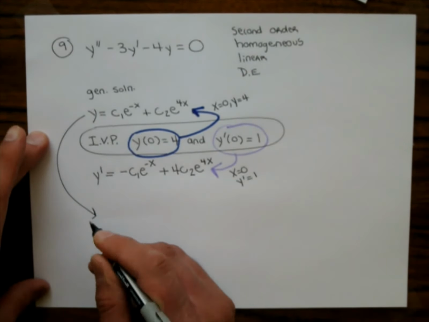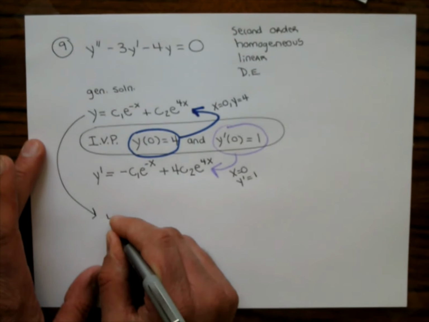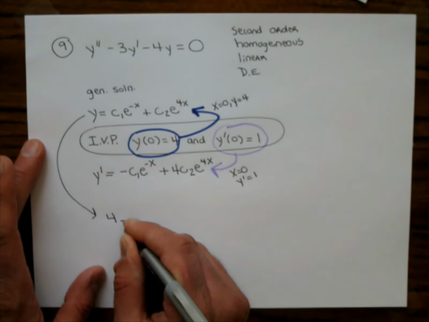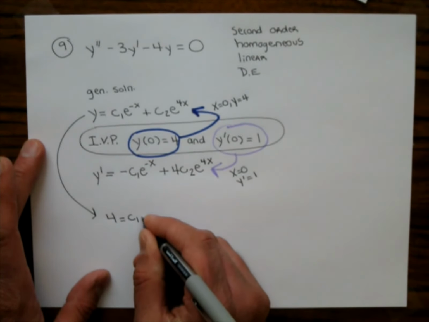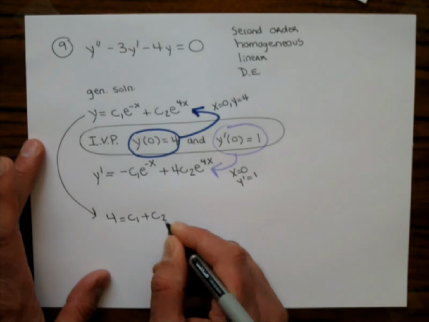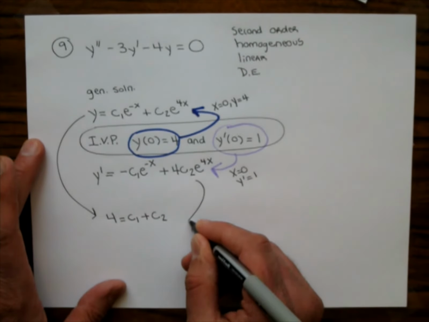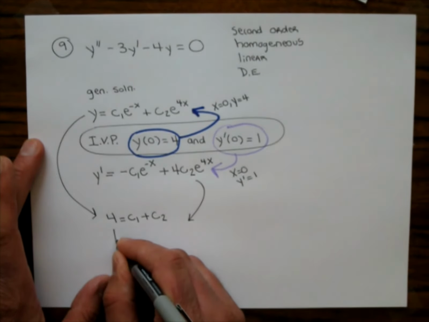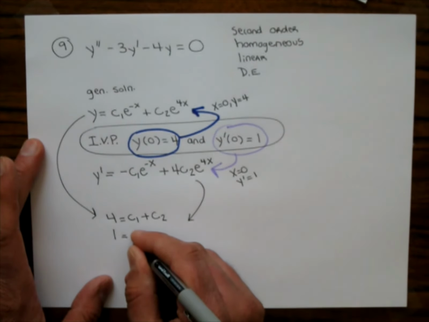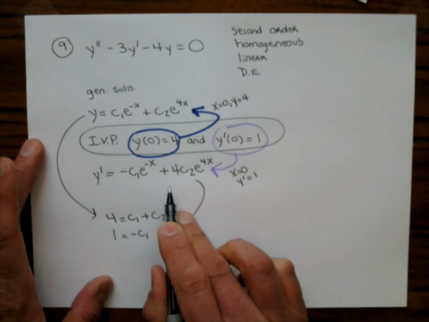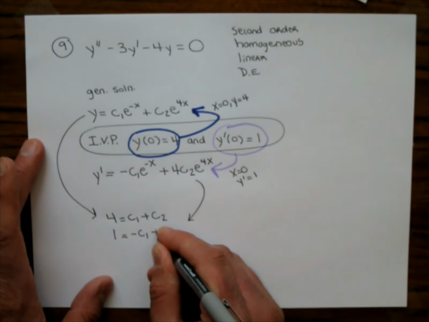Okay, so this one's going to give me 4 equals c1 e to the 0, so then it's going to be plus c2. And then this one's going to give me 1 equals, putting 0 in for x, negative c1 plus 4c2.